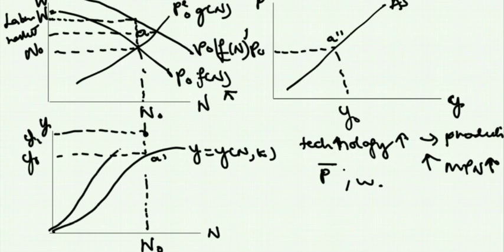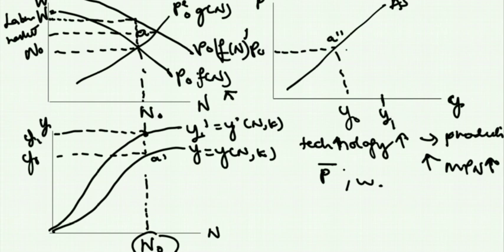So what happens to the production function? Production function shifts upward. Okay? Shift upward. Even if employment doesn't change, we don't want to change employment. Other things constant. And remember, price also doesn't change, but output has increased from Y0 to Y1. Y1 is here.